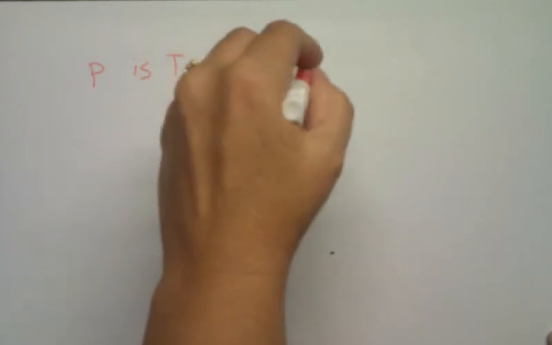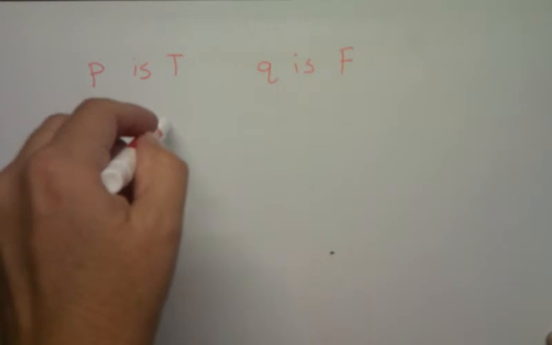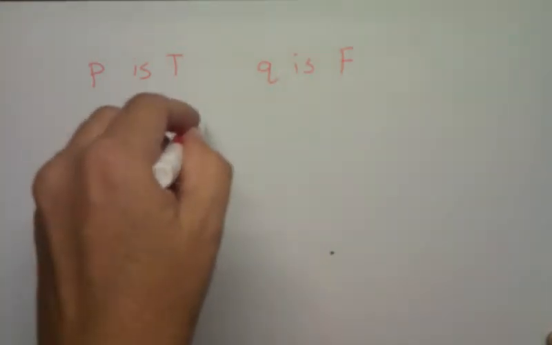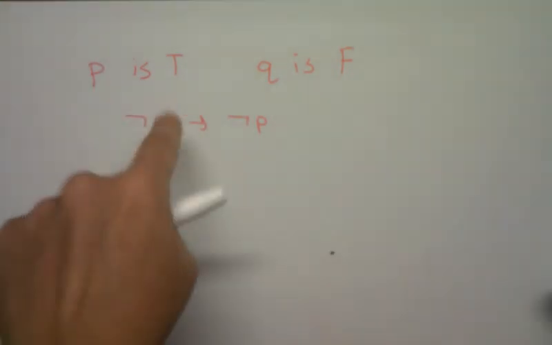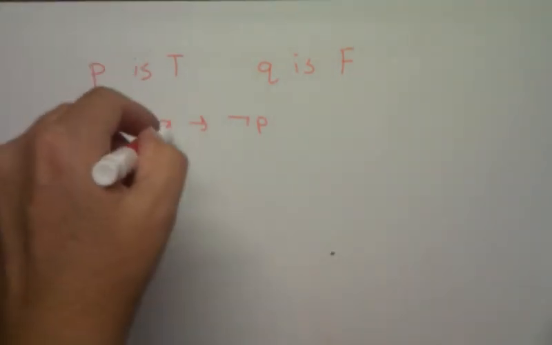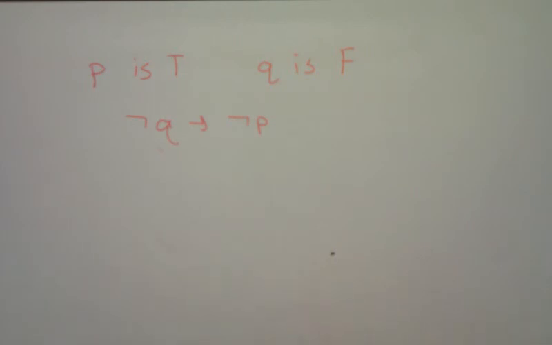Okay, what if I said P is true and Q is false. If not Q, then not P. Would that be true or false?